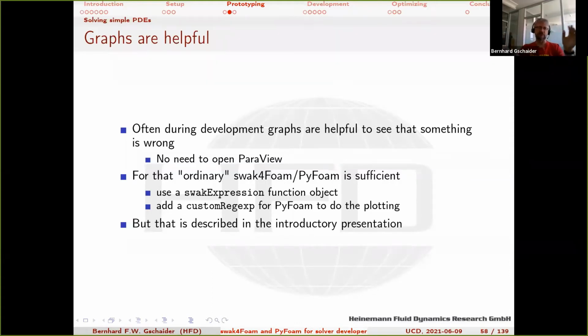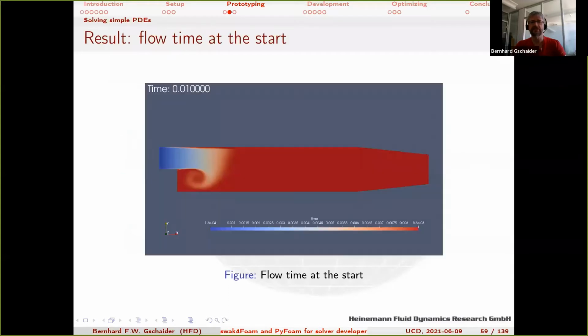Looking at these graphs, for instance when you look at how temperature evolves over time, you know without opening ParaView that this case exploded, and you can stop it because there will be no valuable information, and then you can start debugging why this happened. But for this, ordinary swak4Foam and PyFoam is sufficient. Look at yesterday's presentations, for instance, for how I set up things like these.